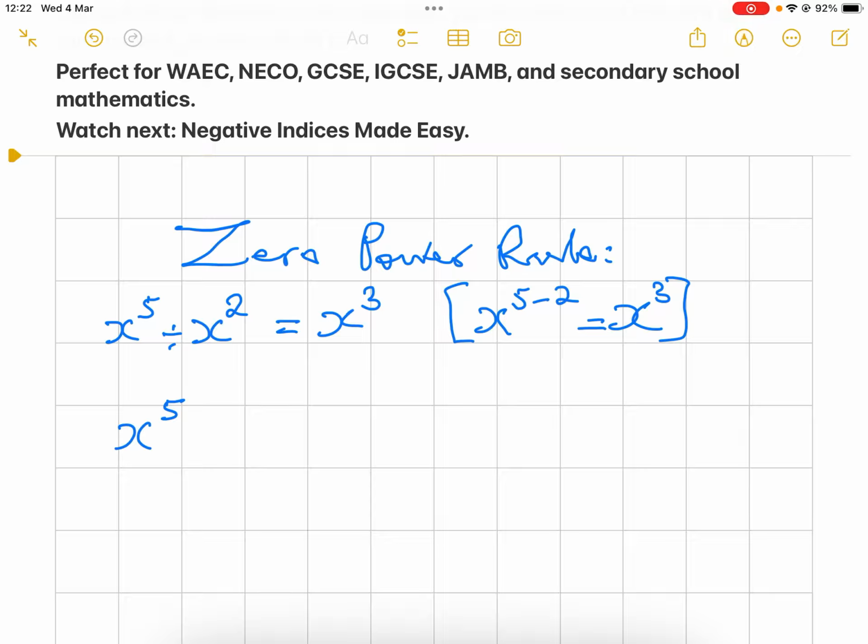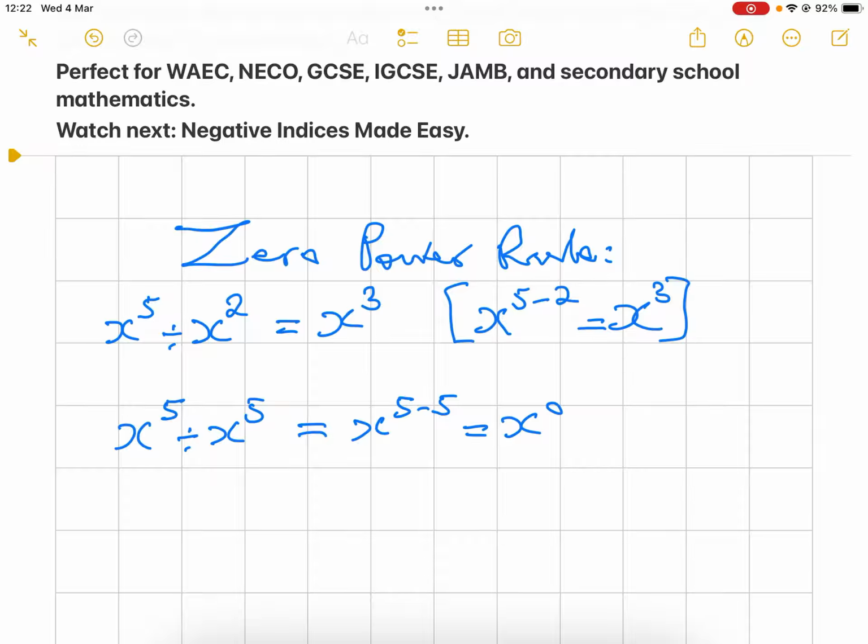x raised to power 5 divided by x raised to power 5. This is x raised to power 5 minus 5, which is x raised to power 0.